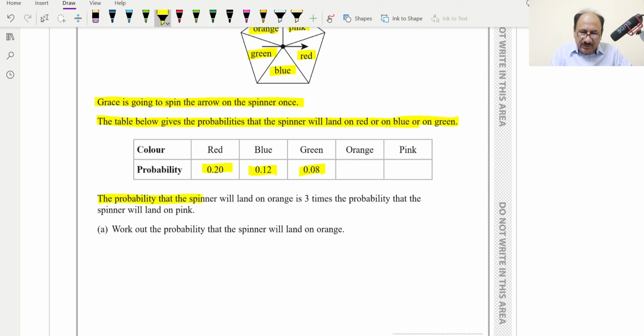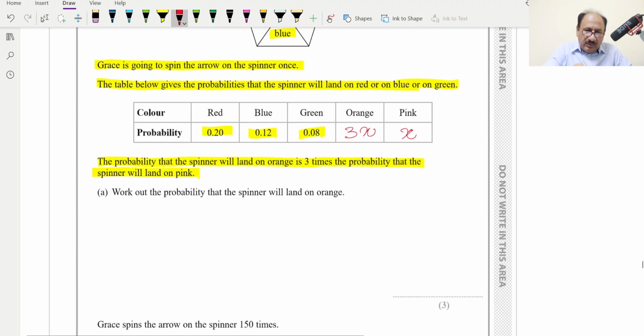The probability that the spinner will land on orange is 3 times the probability that the spinner will land on pink. So if this pink is x, we suppose that this is x, this will be 3x, because orange is 3 times pink. And they're saying in part a, work out the probability that spinner will land on orange.